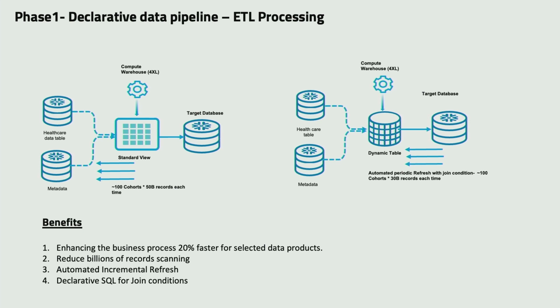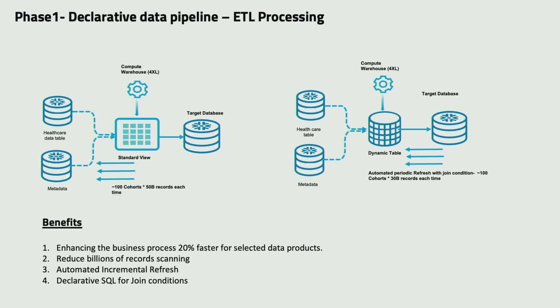What dynamic tables have done is define a simplified way of building the ETL pipeline in SQL. At the same time, you are able to automatically refresh this data from the underlying tables. Number one, we're able to join the tables and process the data internally. You can also automatically refresh this pipeline, and you can declaratively define this ETL pipeline through SQL statements.